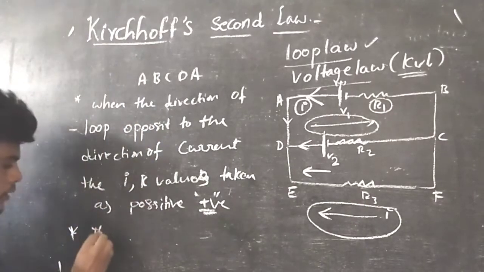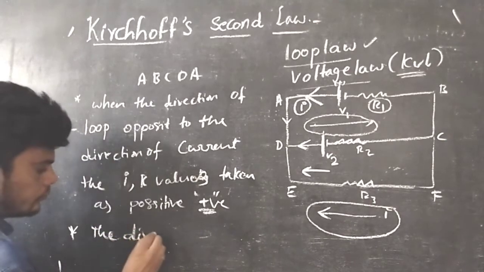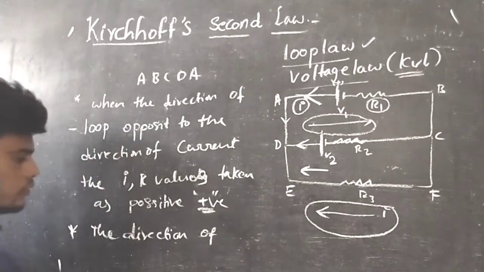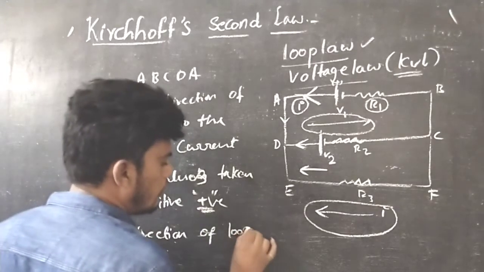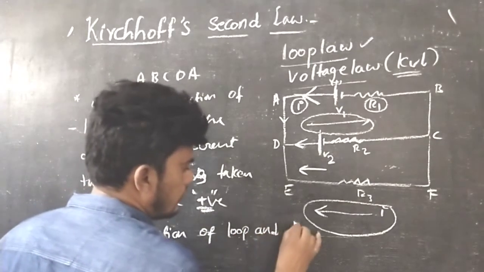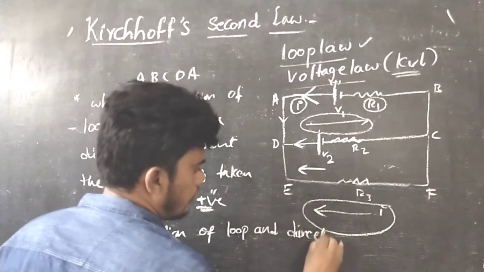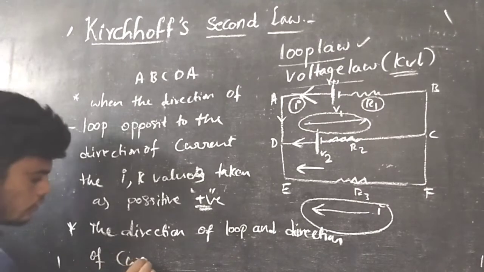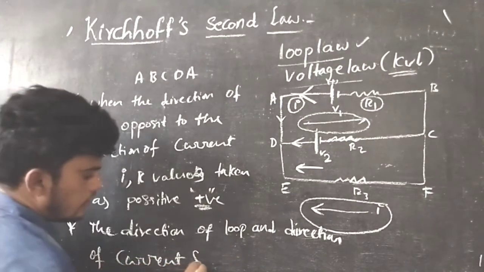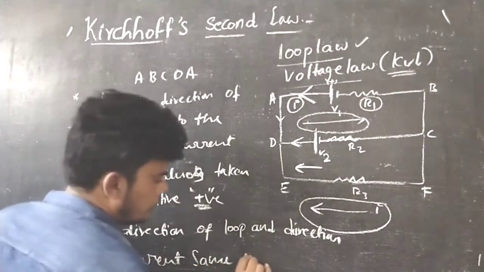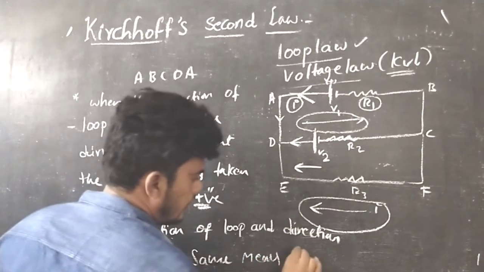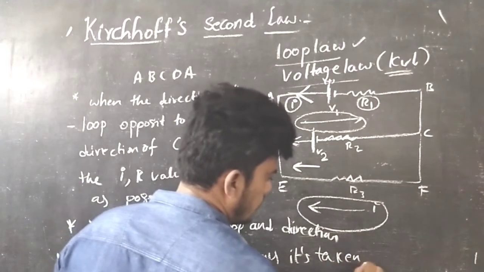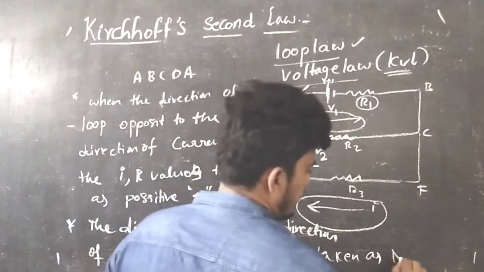So if the direction of the loop and the direction of the current are the same, it is taken as negative.